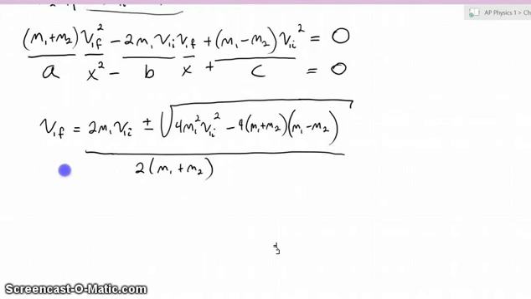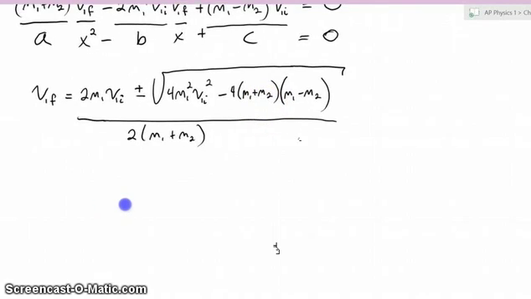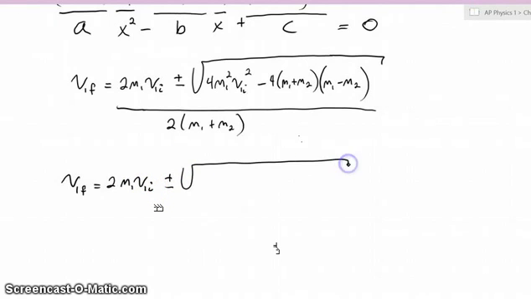Now we need to do a little bit of manipulation. We look quickly at the discriminant of that radical. We can see that that's actually going to simplify really nicely. So we'll start there. This is the product of two binomials that results in a difference of squares.